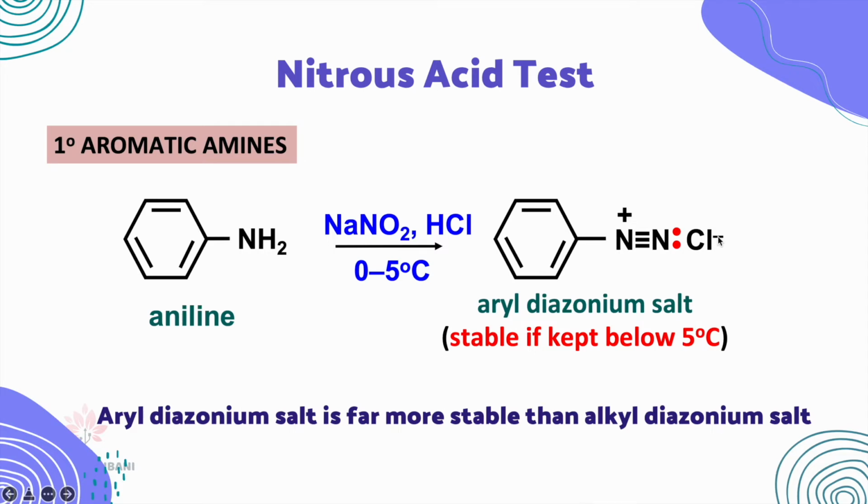So this is aryl diazonium salt. Aryl diazonium salt is far more stable than alkyl diazonium salt. But we have to keep this product below 5 degrees Celsius. That's for primary aromatic amine.